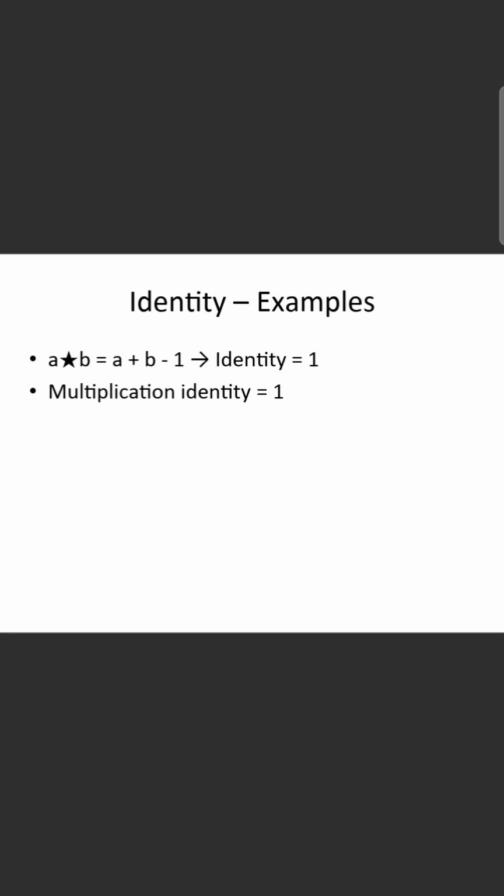On identity elements. An identity element is a number that you combine with another number to get that number again, while an inverse is a number that you combine with another number to get the identity element. So A operation B is A plus B minus 1. For multiplication, the identity element is 1.